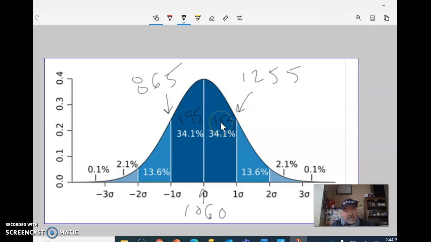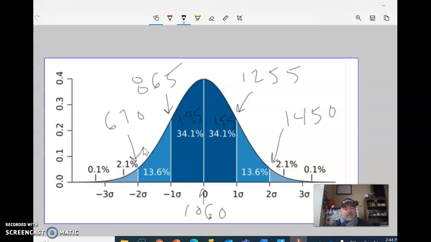Once we know that, we can go up another standard deviation. So if we know standard deviation is 195, let's add 195 to that one. That would be 1450. So the next standard deviation would be 1450. And if we subtract our next standard deviation right here, we subtract 195 from 865, we get 670.